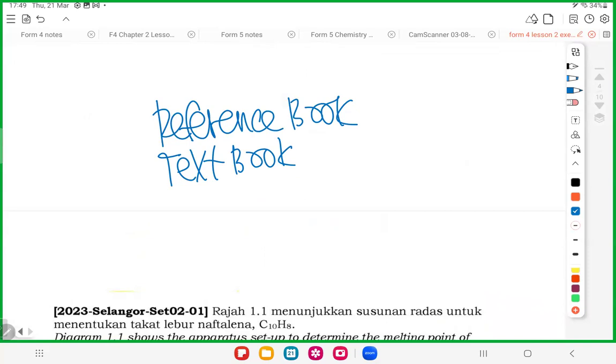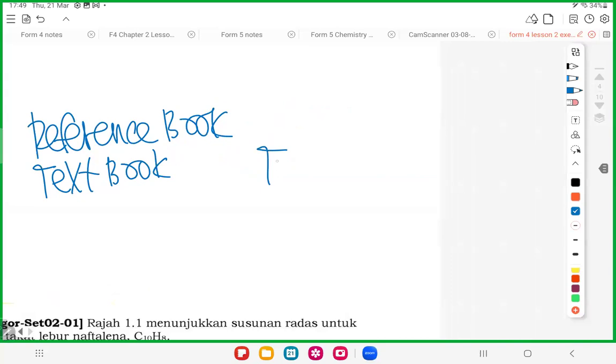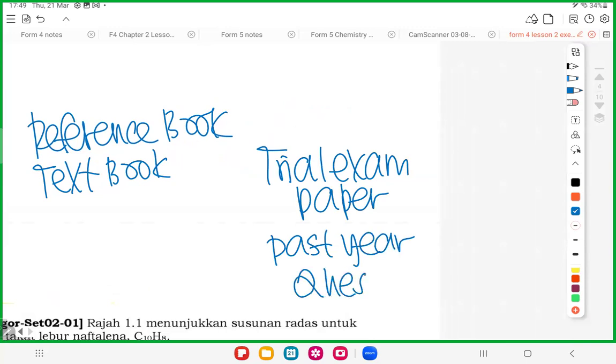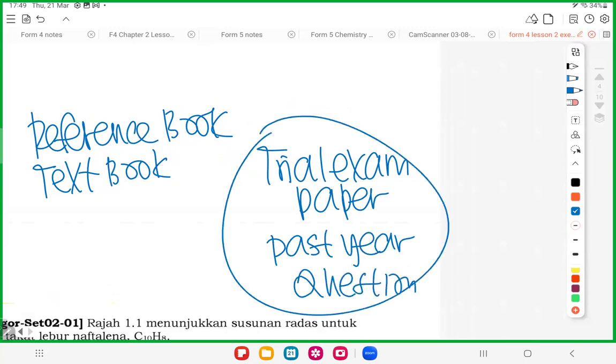So really no point. The best option, if you want questions with the same standard as SPM, is trial exam papers, which you can easily get from online resources. There are a lot, and also past year papers or past year questions. These are good quality questions that you should practice on.